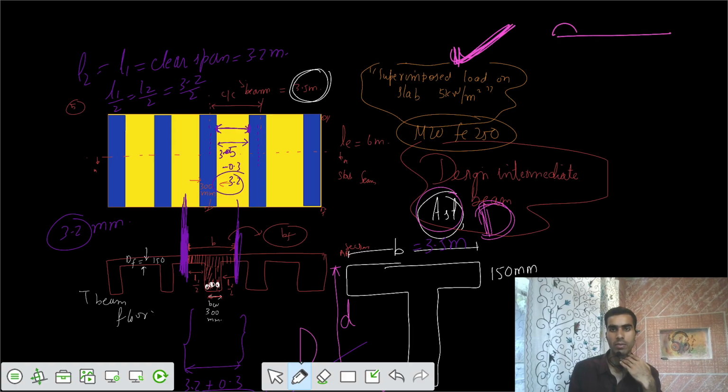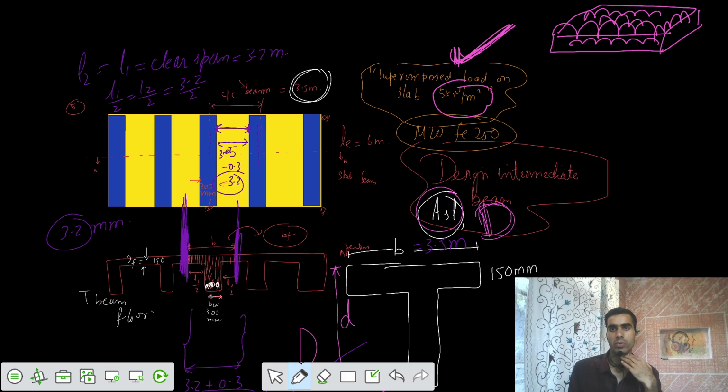So if there is a slab, per meter square we are applying 5 kilonewtons. So this is one of the loads on the slab, and there is some thickness of the slab also, and its load is also in that fashion. This is the dead load per meter square of the slab, and that entire load is transferred for this effective span, this contributing area of the slab to this particular beam.